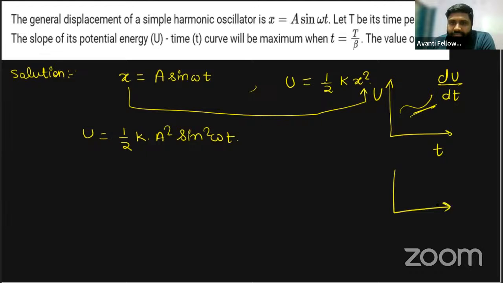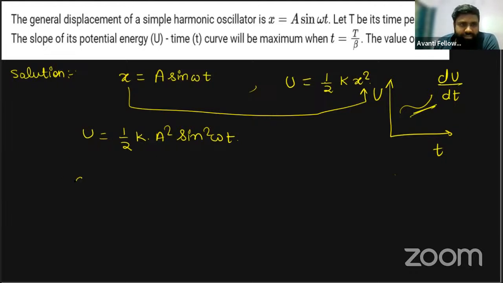Slope of a velocity-time curve is given by dv by dt, which is nothing but acceleration. The same concept we have applied here, that slope of U-t curve is given by dU by dt.